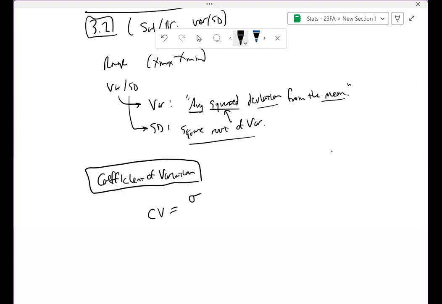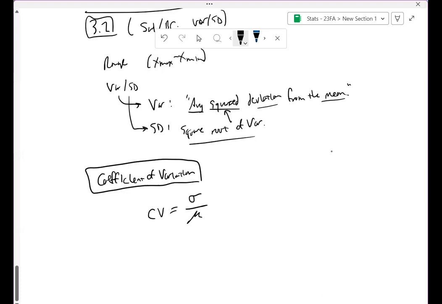I would like to divide out those units, and I would also like to just scale out the general size of the data so that if I just change how I'm measuring the data, if I'm measuring salaries in some number of thousands of dollars versus just number of dollars, like if I write my data points down as 28,000 or as 28, I don't want that to have a big impact on my, say, standard deviation whenever I'm comparing across data sets.